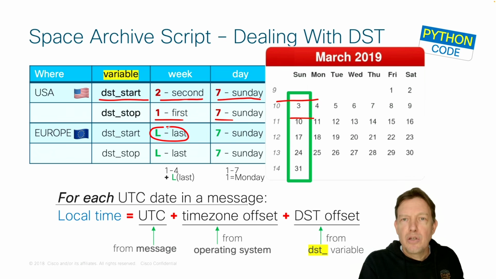First I used 4, but in certain months, as you can see right here, there's 1, 2, 3, 4, there's 5 Sundays. So that would actually use the wrong Sunday to switch to summertime.